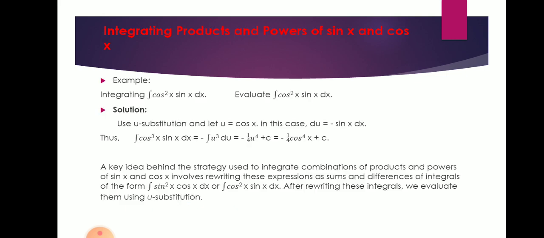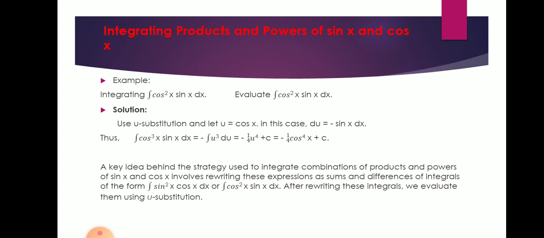So, integrating products and powers of sine x and cosine x. For example, evaluate integral cosine squared x sine x dx. So the solution is to use u substitution and let u equals cosine x, in which case du equals negative sine x dx.